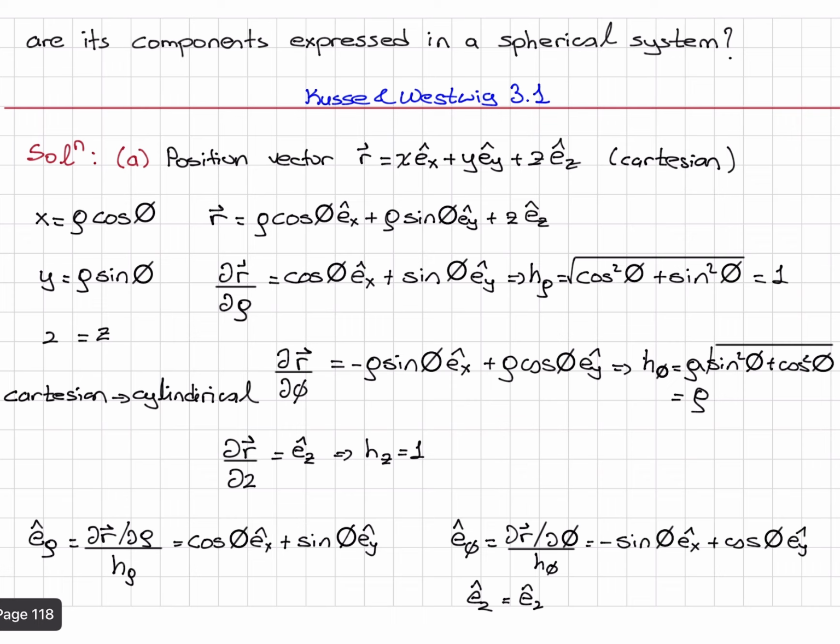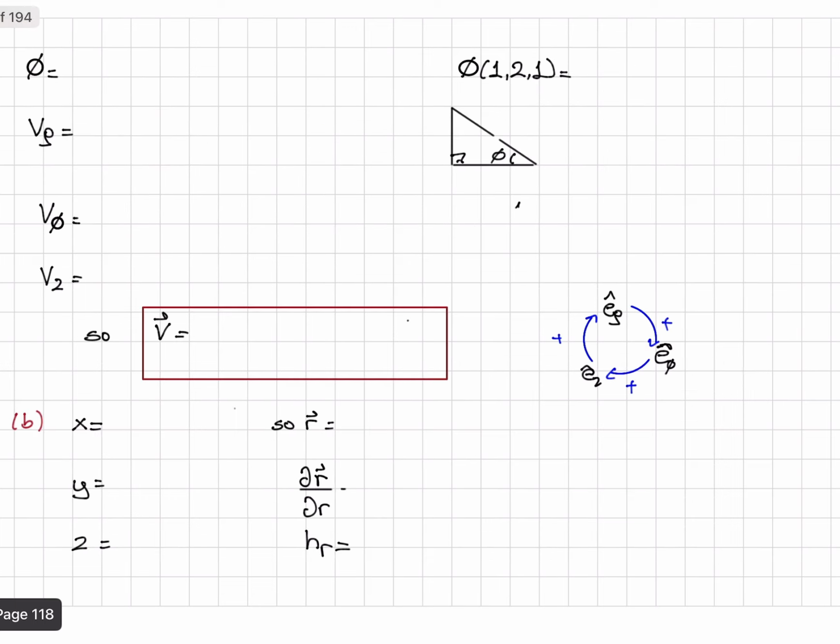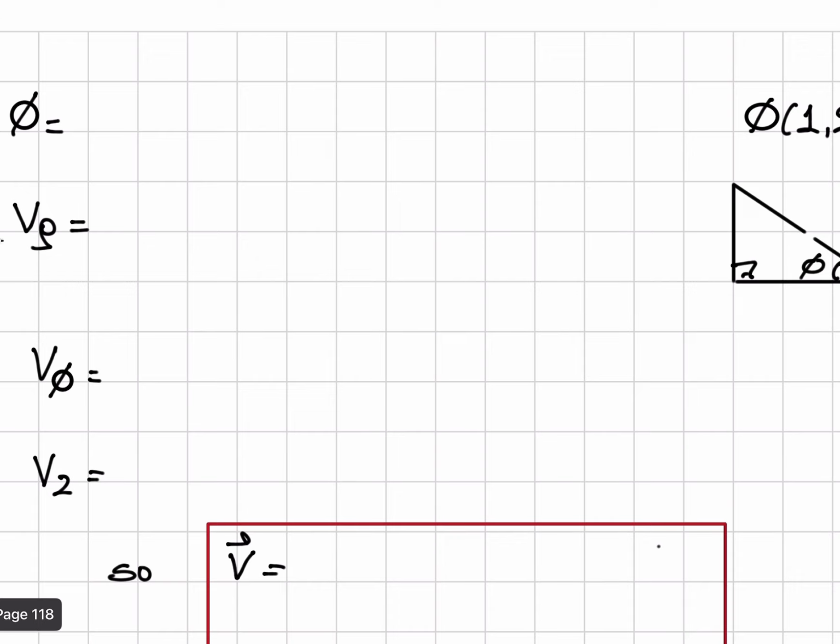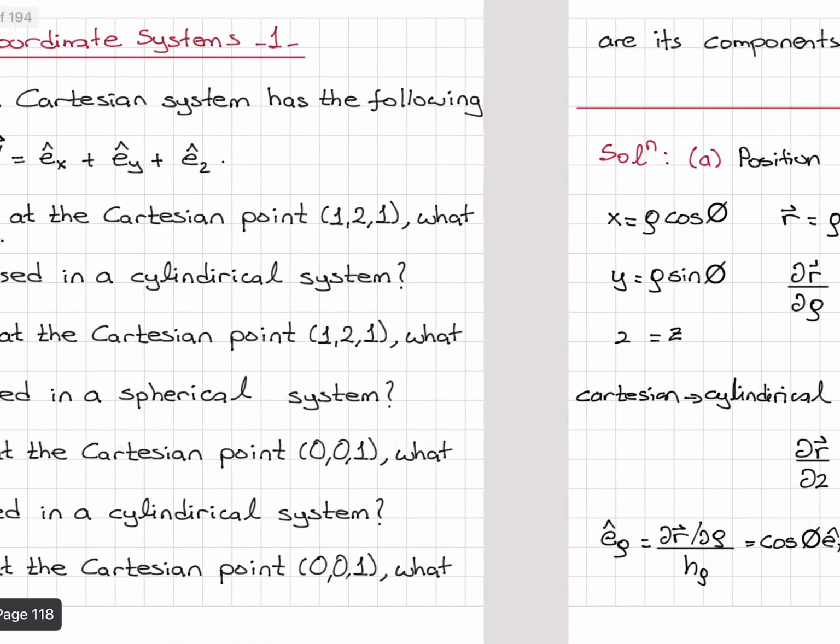Now you can see that going between Cartesian points and cylindrical points, if I take the ratio y over x, I get tangent of phi. So phi is equal to tangent inverse of y over x. And in part A, we are at the Cartesian point (1, 2, 1).